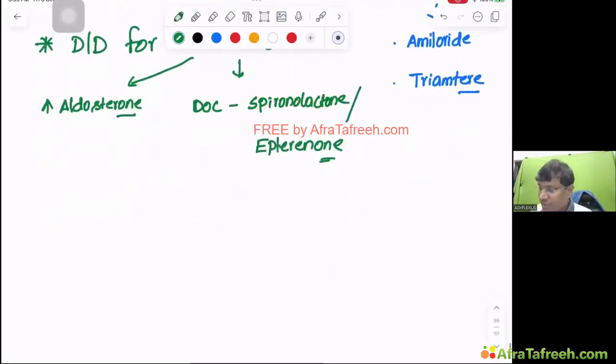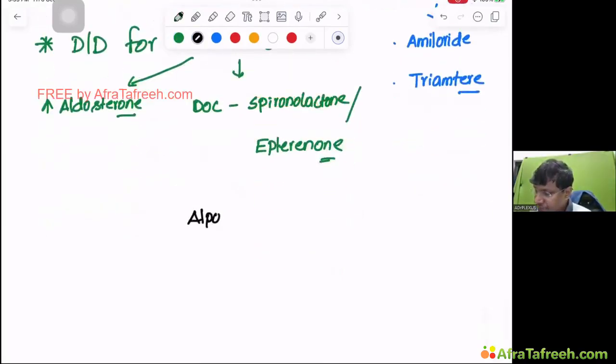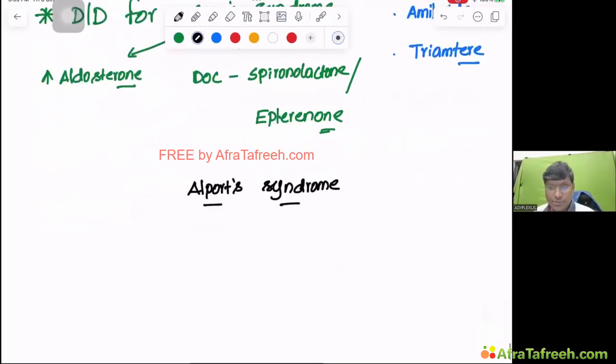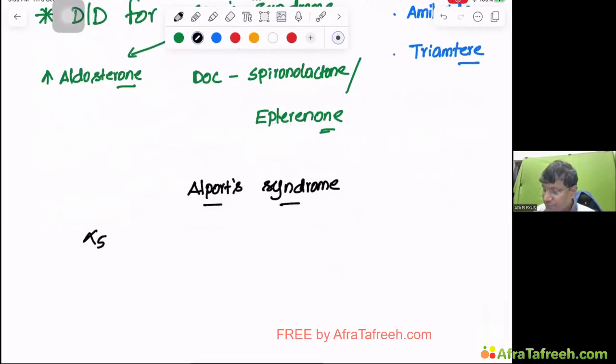Now the last one what we have is the Alport syndrome. See, Alport syndrome and Goodpasture syndrome, you should not have any confusion. In Alport's, it is alpha 5 chain of type 4 collagen.